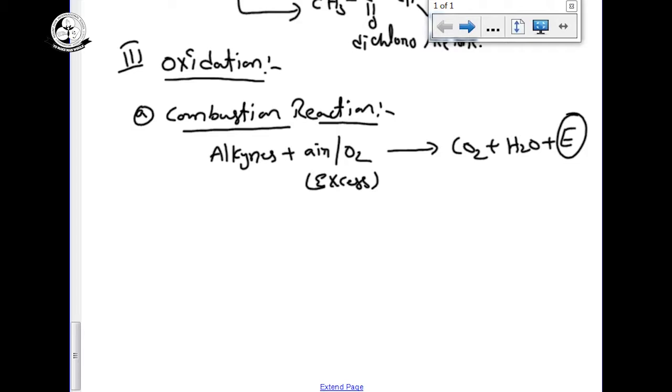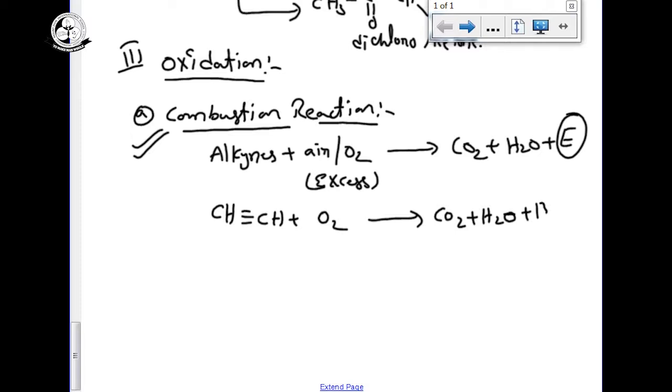Especially alkynes are very important for us. Why? Because the first member of the alkynes, I am saying, is acetylene. Whenever it combines with oxygen it gives CO2 and water, and it can give 1300 kilojoules per mole of energy. When compared with alkanes and alkenes, alkynes are the best fuels, because they liberate a large amount of energy.